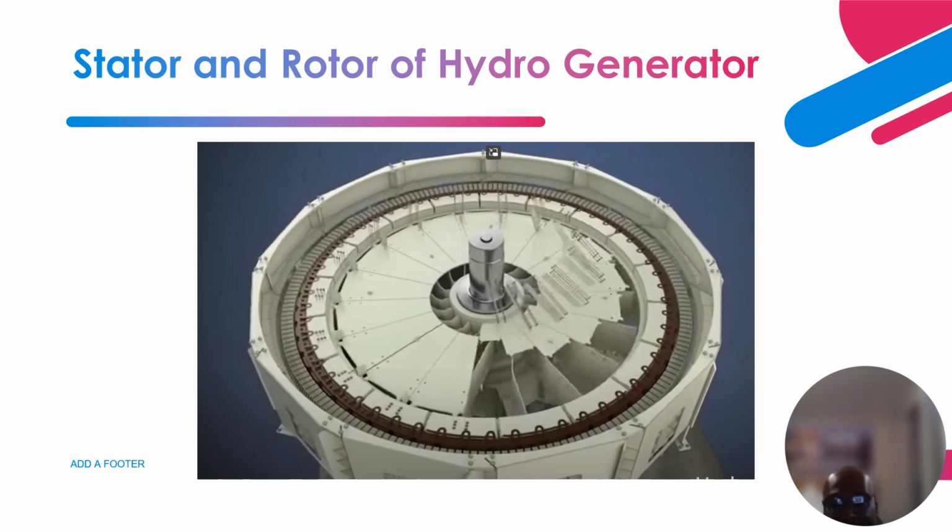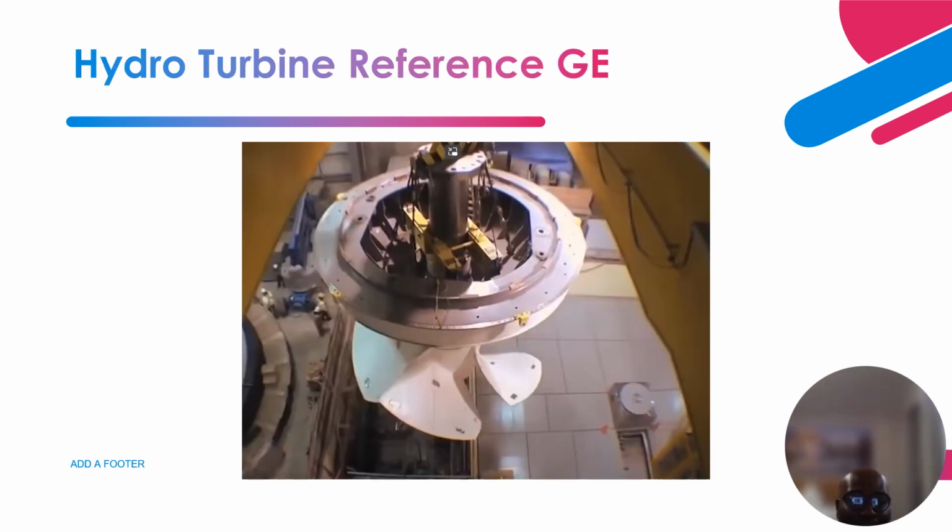So this is a picture of the generator with the rotor part and the stator part, everything intact, and how it looks. And this is a picture of the mechanical part, right? These are the turbine blades of the generator. The water coming from the dam through the penstock, rushing down, impinges upon these blades and rotates them, and as it rotates, it turns the shaft.